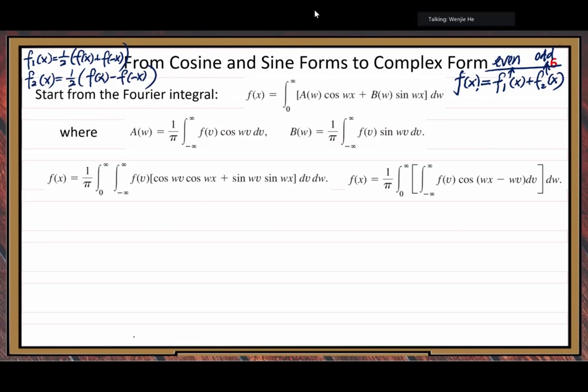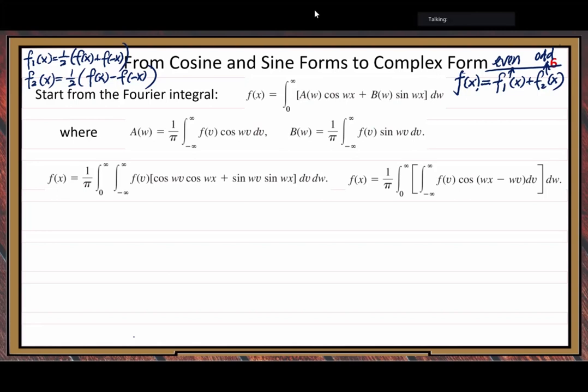So here you can see we can represent the f function using a double integral. Look at the integral dummy variables v and w. The v variable is in the f function and also here, and another variable, w.